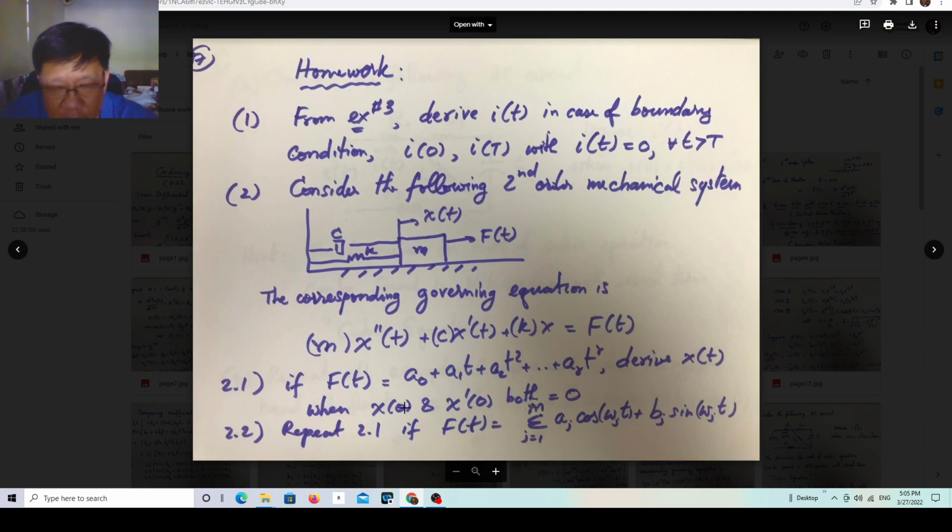Repeat 2.1 with the initial value problem, where the right hand side changes to this form. I haven't done this for you because all the problems we did before were polynomial of order r. But this one is kind of challenging, a new thing you haven't seen. You first see it, but how are you going to do it?